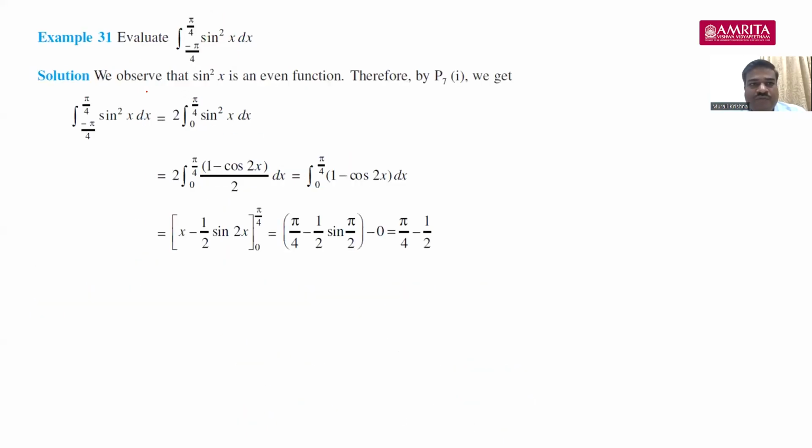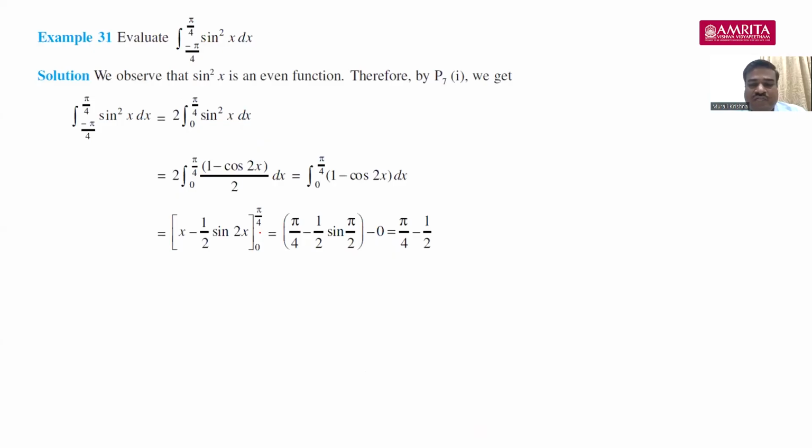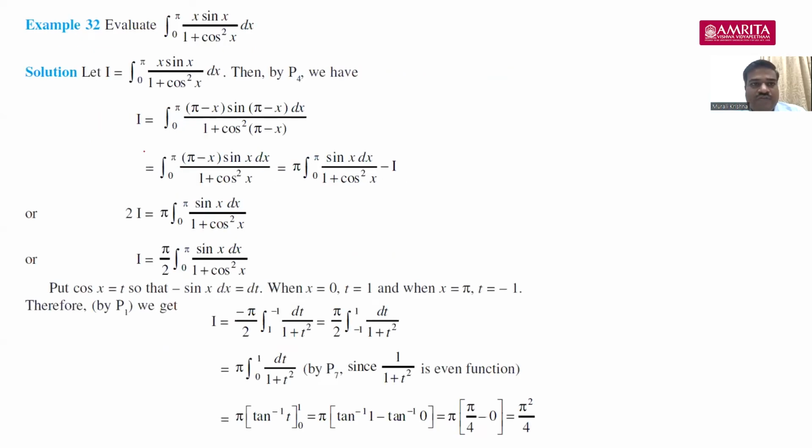P4 property: integral 0 to a f of x dx is equal to integral 0 to a f of a minus x dx. This property is a specific version of P3. I think I could see that one question from this category is guaranteed in every board exam.